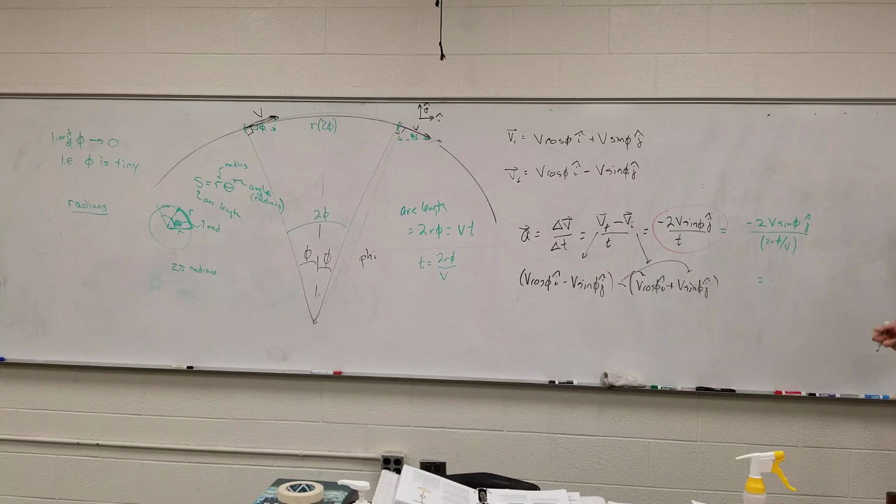The 2's cancel out. Dividing by this is the same as multiplying by the reciprocal, so we get negative v squared sine phi j hat divided by r phi.